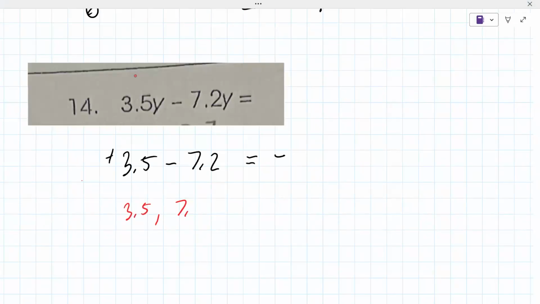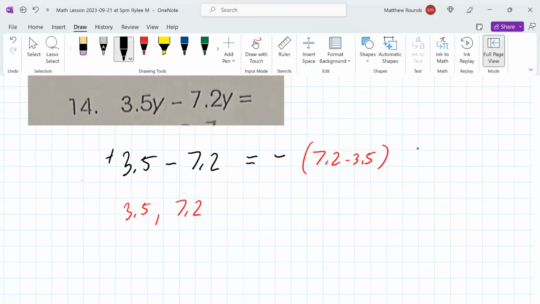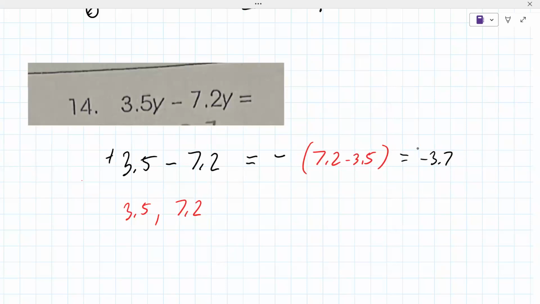And you've seen me rewrite them over and over again because you really want to treat them as if they are without the sign. And the answer would be -3.7. Now, the only difference between what you just did and this actual problem is they both have a y, so you put a y in your answer.